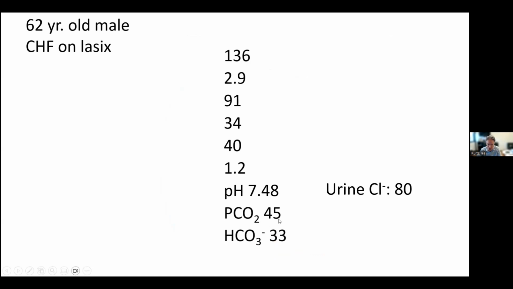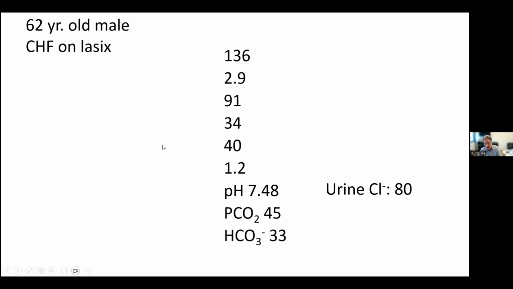The PCO2 is contributing again 0.03 times 45 above this. So it works out about right, that this is about 1 millimolar higher than this. Again, we have pre-renal failure, most likely. And so we'll forget the urine chloride for now, but let's just look at the acid-base status and make a diagnosis.